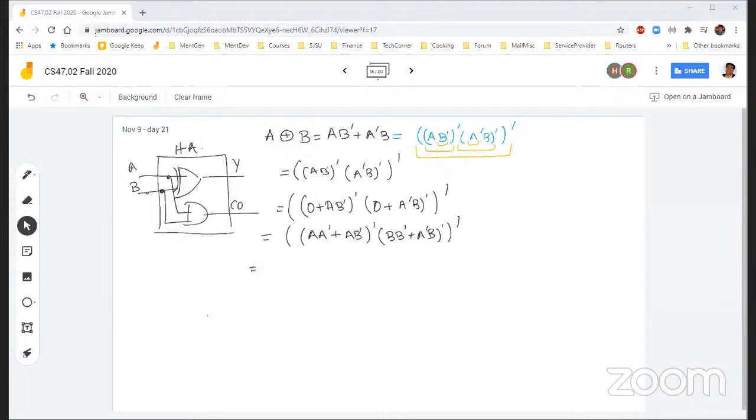Now from here, using identity, it is A bar or B bar whole bar. What I'm doing here is basically combining these two, right?